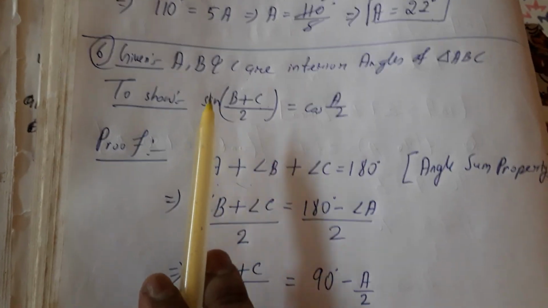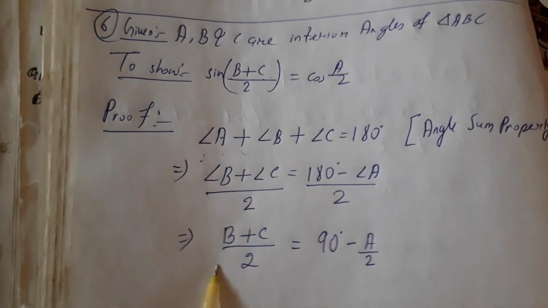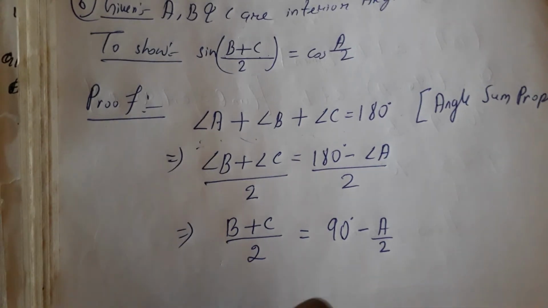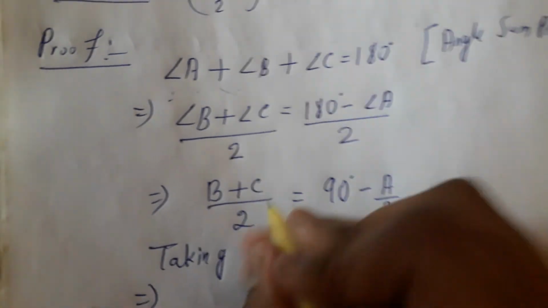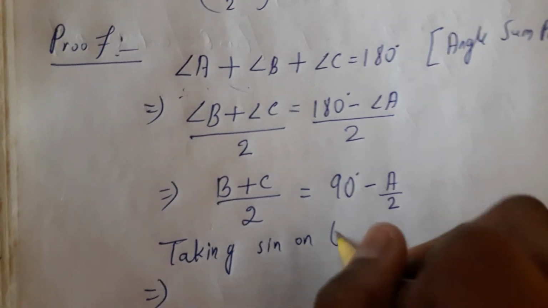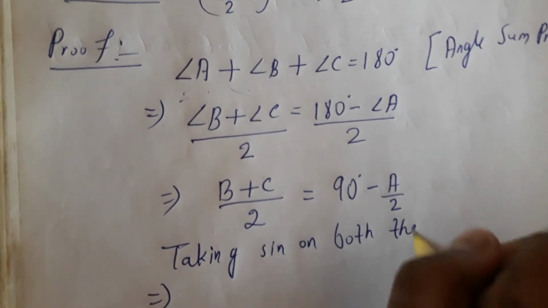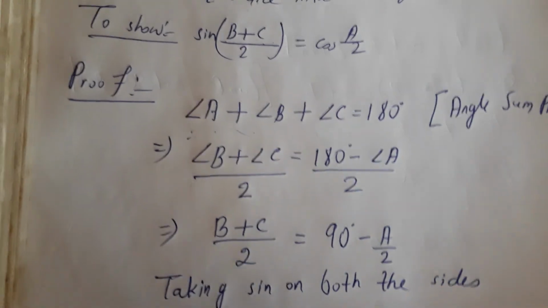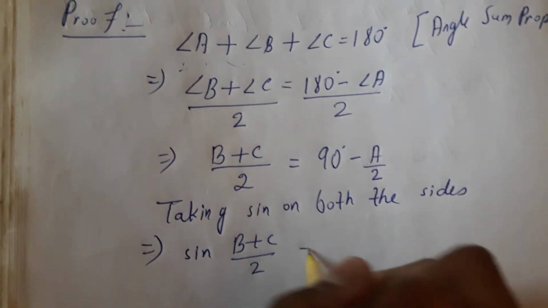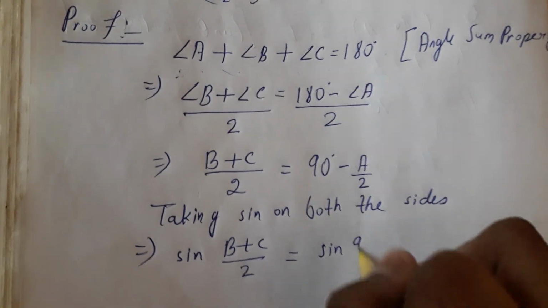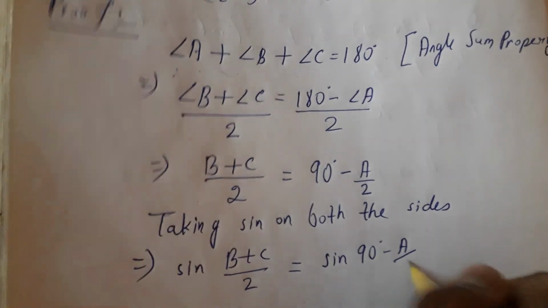Now see, here it's sine, so you have to take sine here. Taking sine on both the sides, we see that sine of (B plus C) by 2 is equal to sine of (90 degrees minus A by 2).